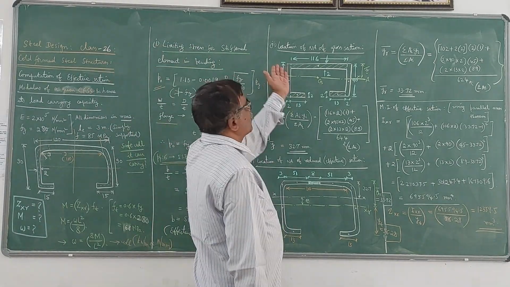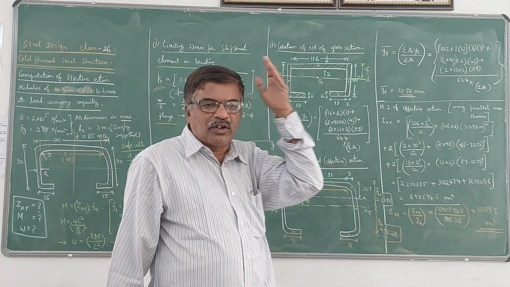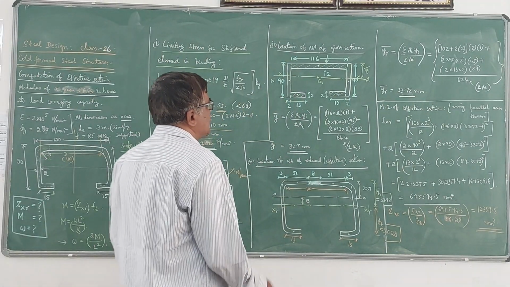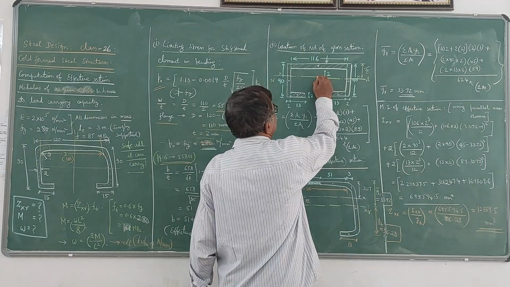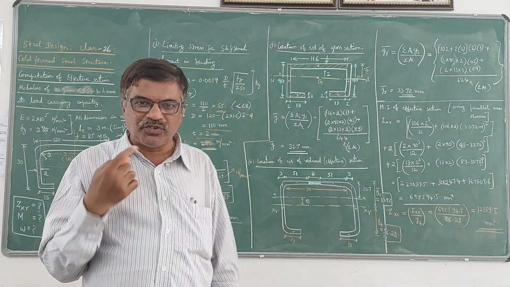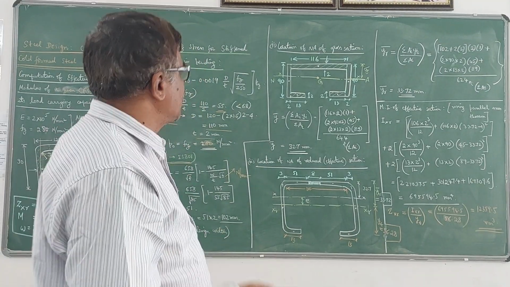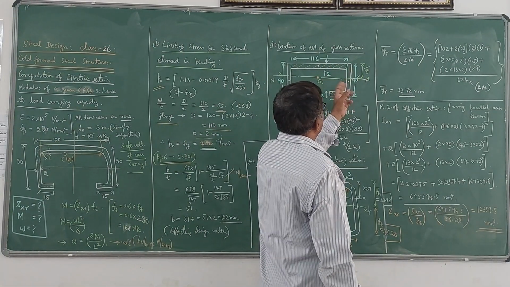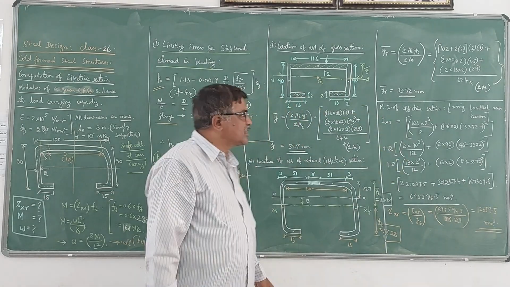Now let us locate the neutral axis of the gross section as well as the reduced section. So the neutral axis of the gross section actually passes through the center of gravity or the CG. If you locate the CG or the centroid of this section, then through that point the neutral axis passes.